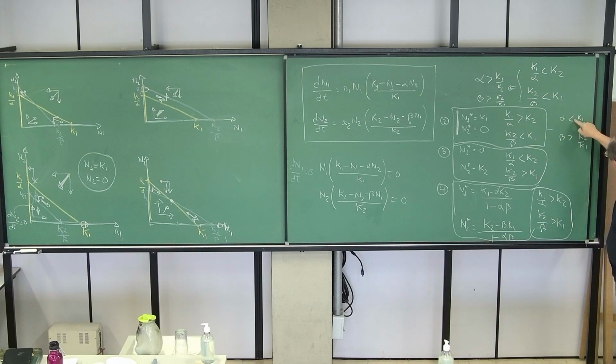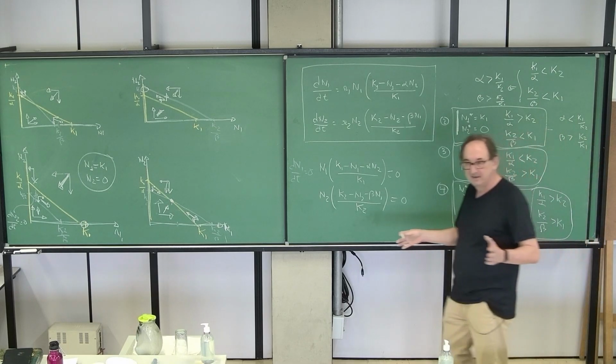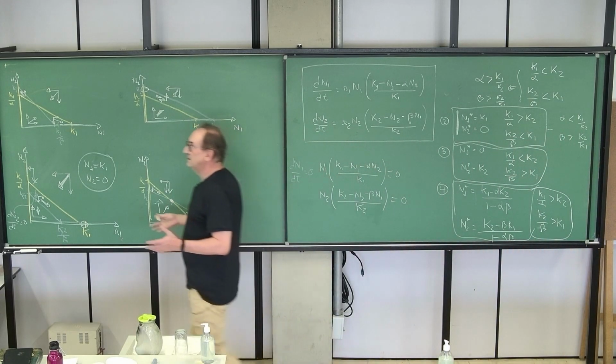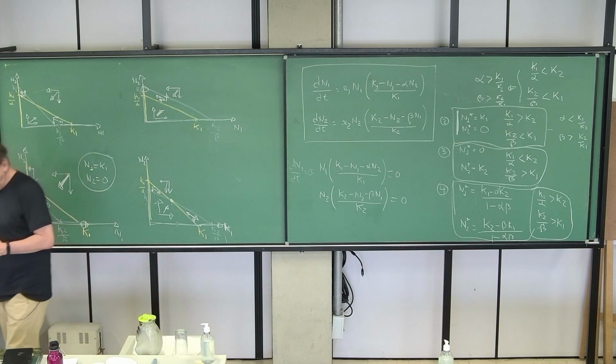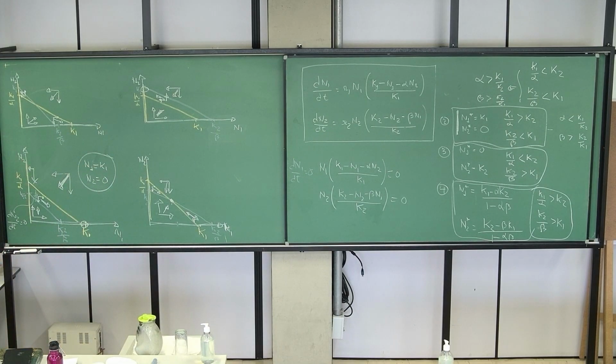Both here, one is small, the other one is big. Here I didn't write it, but it's obviously the reverse situation. And here both of them are small, alpha and beta. So these are 4 possibilities. So everything depends on how strong the competition is. Alpha and beta are the strengths of the competition.